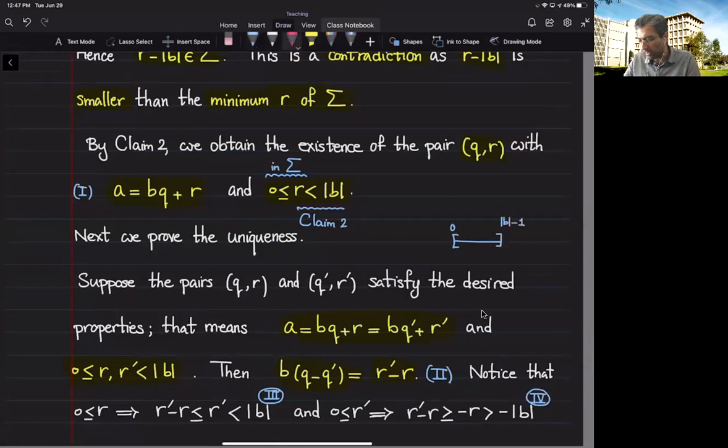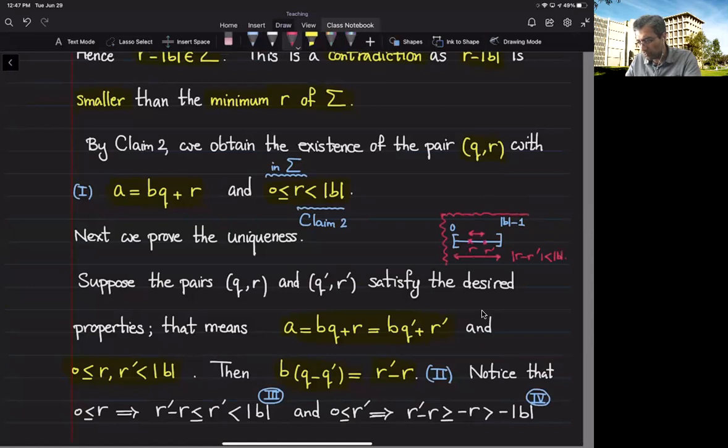So both R and R prime are here. I don't know which one is larger, which one is smaller, or they are equal. I want to show that they are equal, but they are in there. That means that the distance between them is definitely at most the length of this interval, which means absolute value of B minus 1. So the distance between them, which can be captured by the absolute value of their difference, should be strictly less than absolute value of B. So this is what we get from this picture.